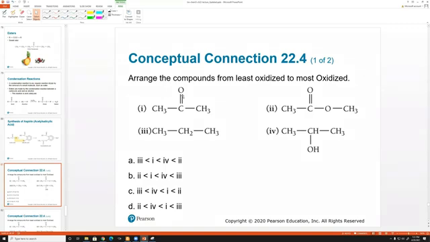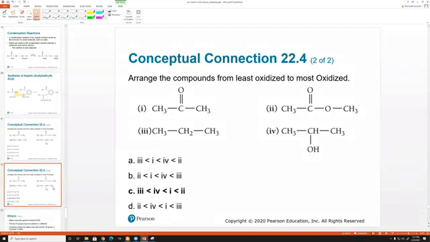And also we saw that when we oxidize an alcohol, we get a ketone or an aldehyde. So 4 will come next, then 1 after that, and then 2, since it has the most oxygens, will be the most oxidized. So wow, look at that. Pearson got it right. Good job, Pearson.